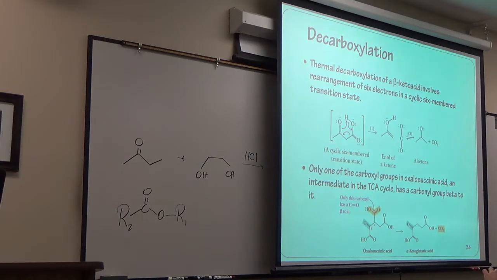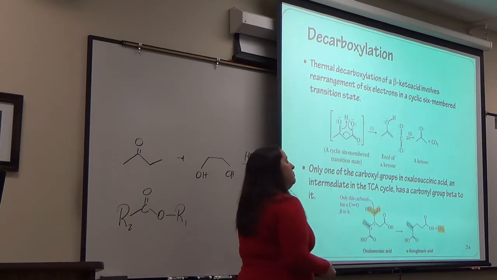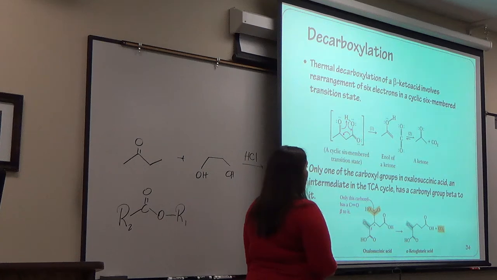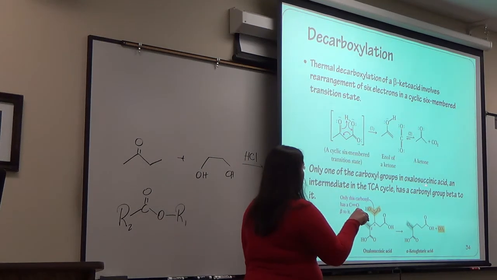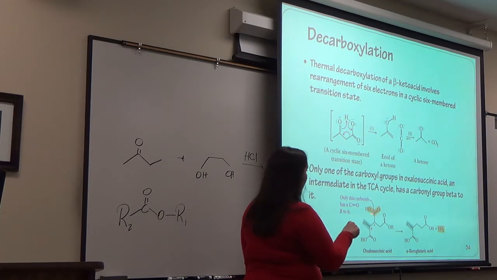This is really only going to happen for these beta keto esters, but a number of biologically relevant acids have that function. For instance, oxalosuccinic acid, part of the citric acid cycle, has a carboxylic group beta to a keto.